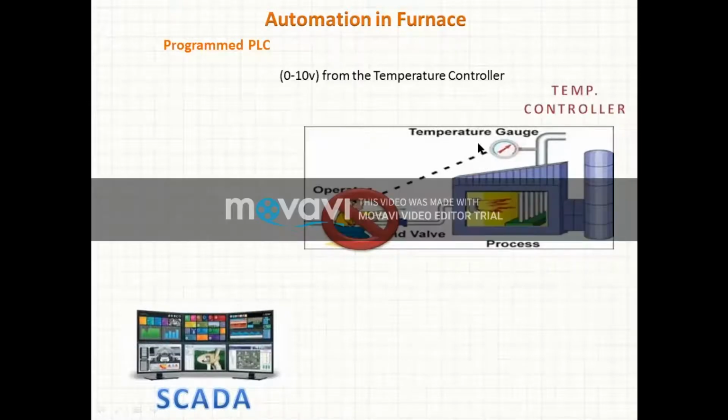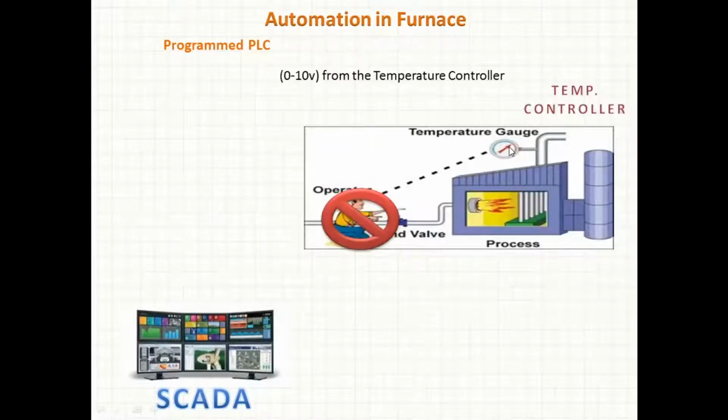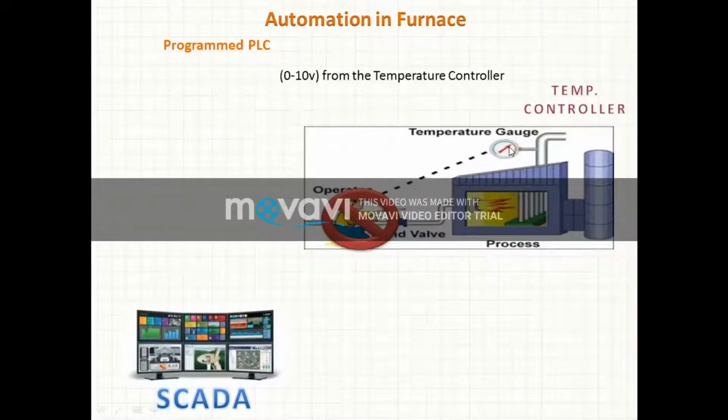So what happens is, from the temperature controller, there are many types of temperature controllers available in the industry. If a temperature controller controls 0 to 650 degrees, it gives an equivalent output of 0 to 10 volts. If the temperature reaches 650 degrees, it gives an output voltage of 10 volts.